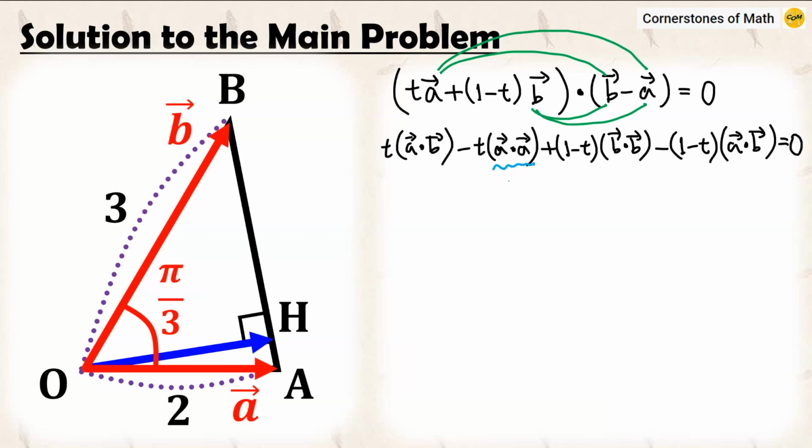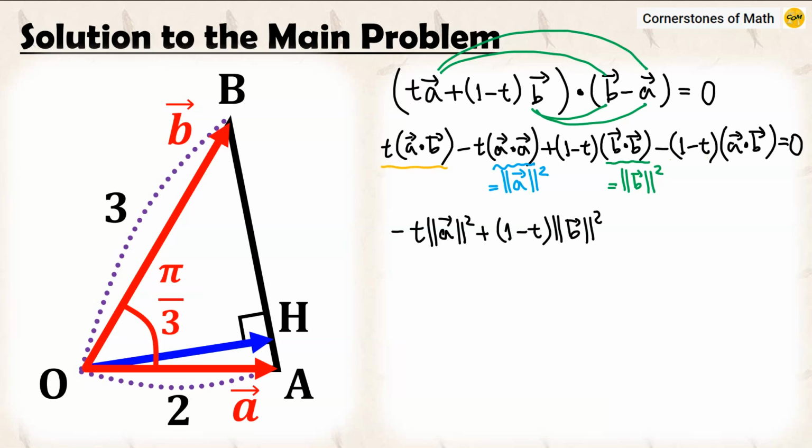The angle between two identical vectors is of course 0, so this A dot A simply gives norm of A squared. Similarly, B dot B is norm of vector B squared, so we have minus t norm of vector A squared plus 1 minus t norm of vector B squared, and the sum of this term and this term gives 2t minus 1 A dot B equals 0.